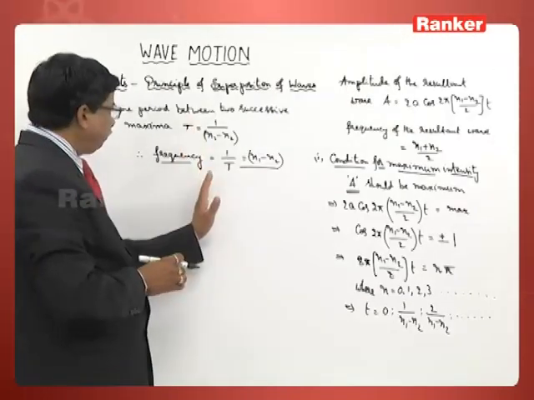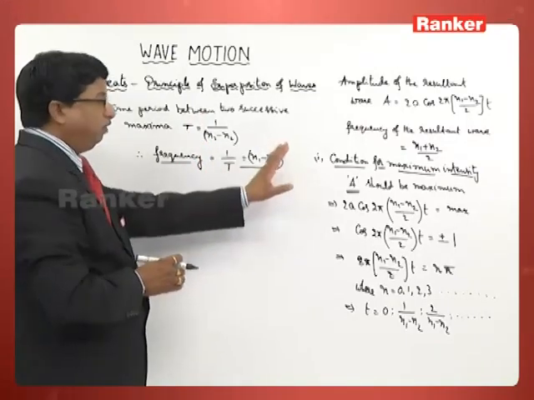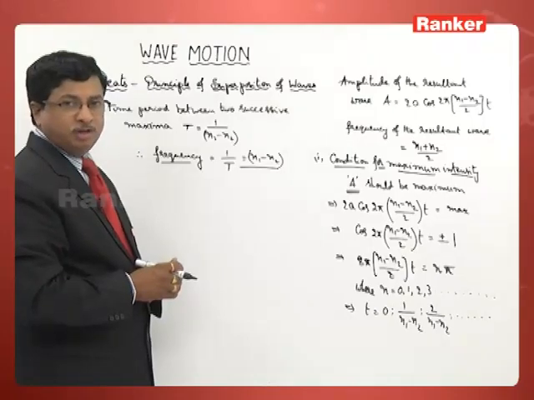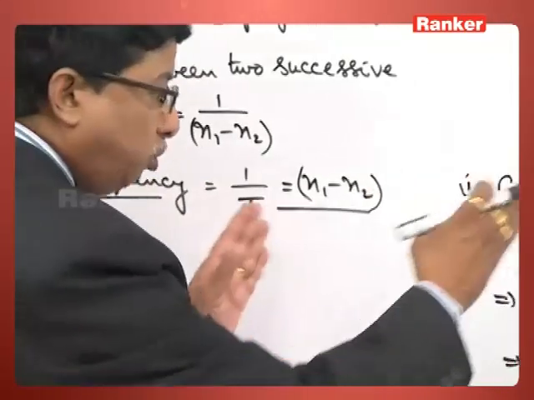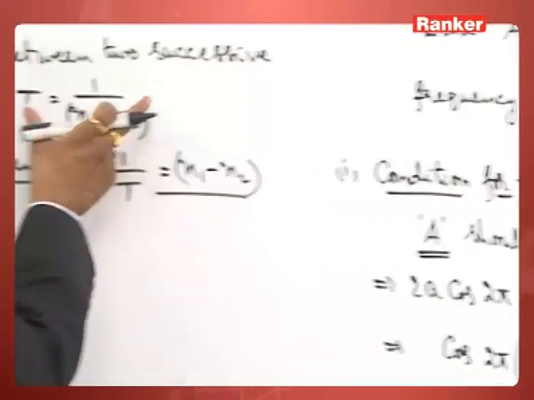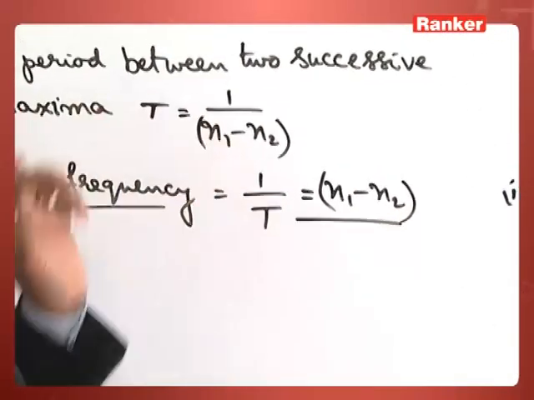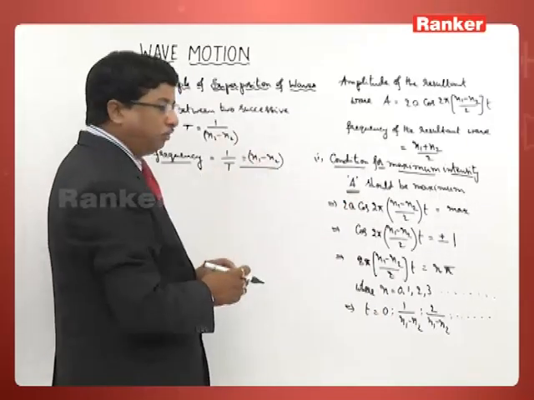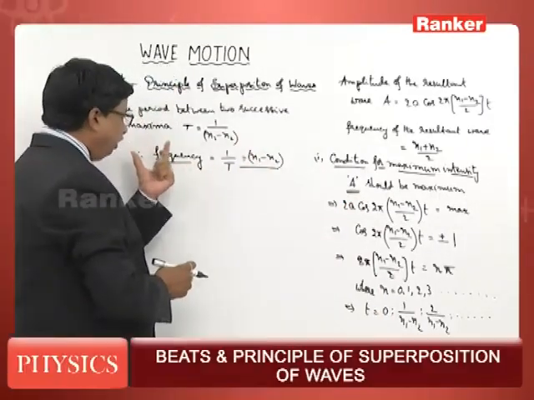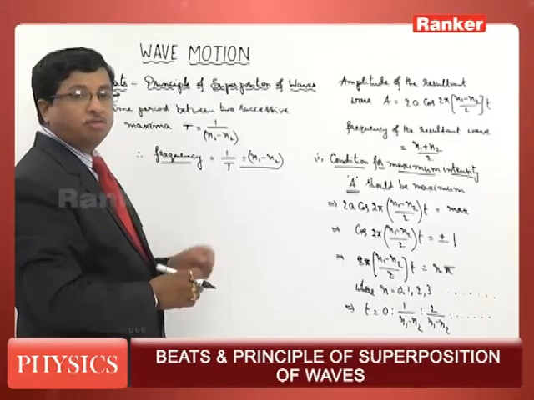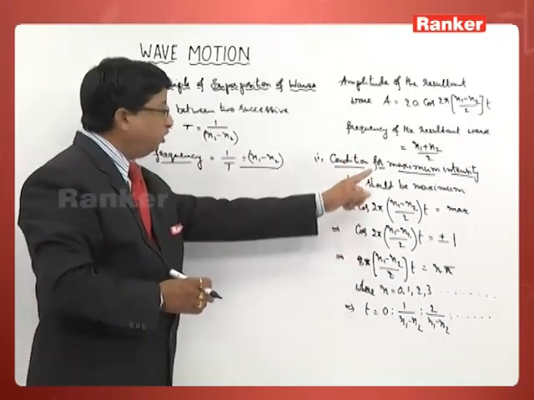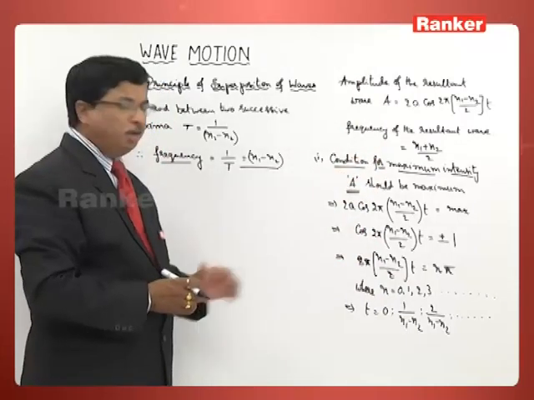So, what one should understand from this is, whenever we find beats produced in any system, then between two successive maxima, the time gap is going to be 1 by n1 minus n2 and the corresponding frequency is n1 minus n2. This frequency itself we will call the beat frequency. This is the case of maximum intensity.